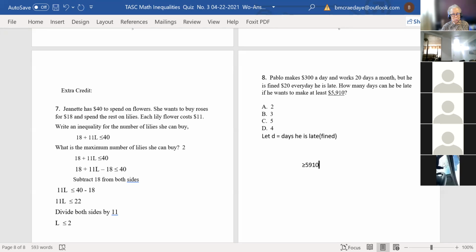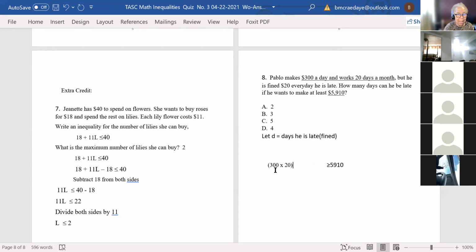Now, how much is he making? He's making $300 a day. And he works what? 20 days per month. Okay. So we need to put how much he's making, right? Yes. So on the left side, how much he's making? 300 times 20.